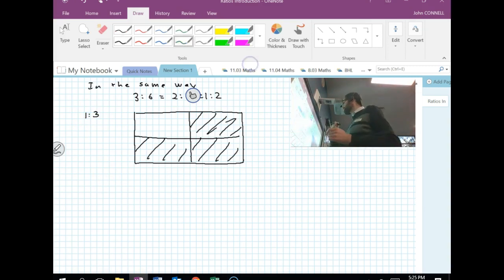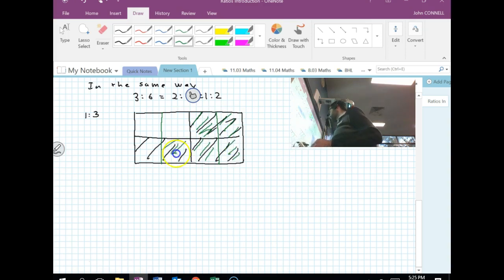But if you look carefully, let's say I split each of these rectangles in 2. If I just look at the green, then I've shaded 6 separate little squares, and I've got 2 that are unshaded. So the ratio in green is 2:6.